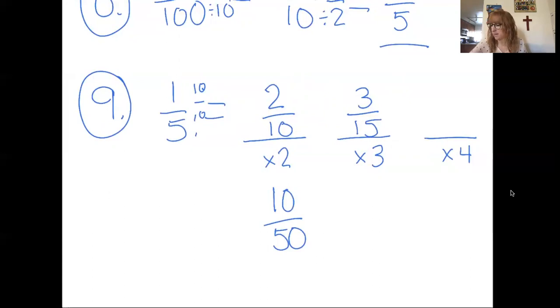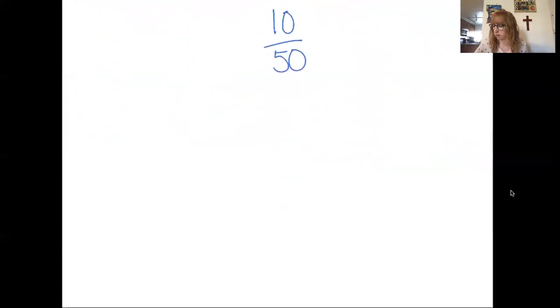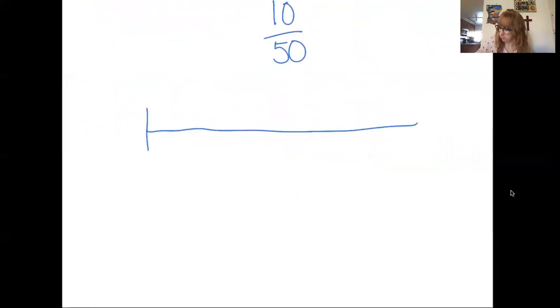Number 10 is going to be a little hard to show on our screen here, but I'm going to explain how we do it. And we've done this before. So between 0 and 1, and I'll just do part of our number line here. Between 0 and 1, we're working with sixths, okay?